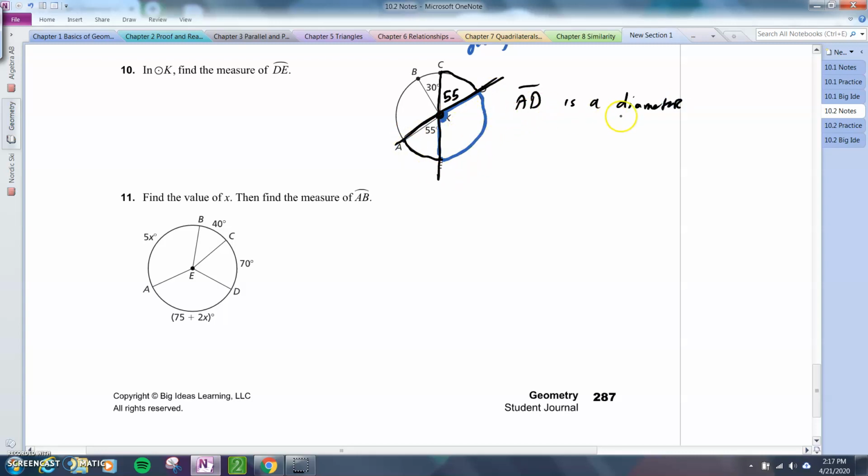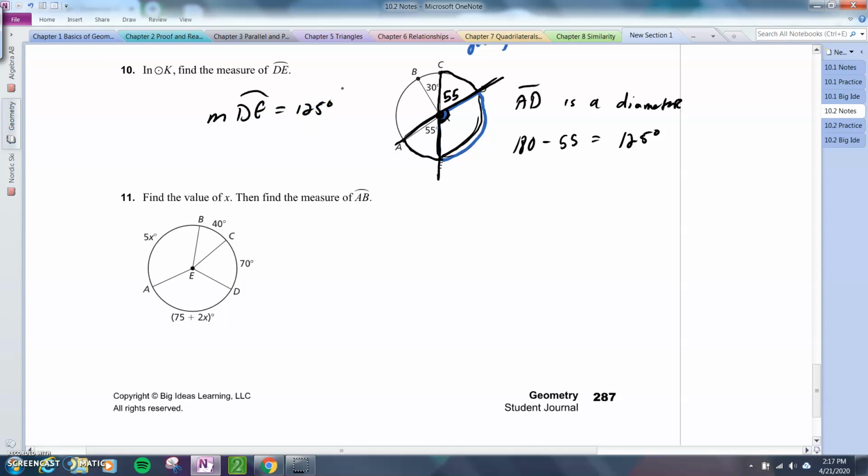So we know that AD has got to be 180 degrees. And then if we're looking for just this part of it here, that's going to be 180 minus 55. So we know that's going to give us 125. So that measurement of DE is going to be 125 degrees.